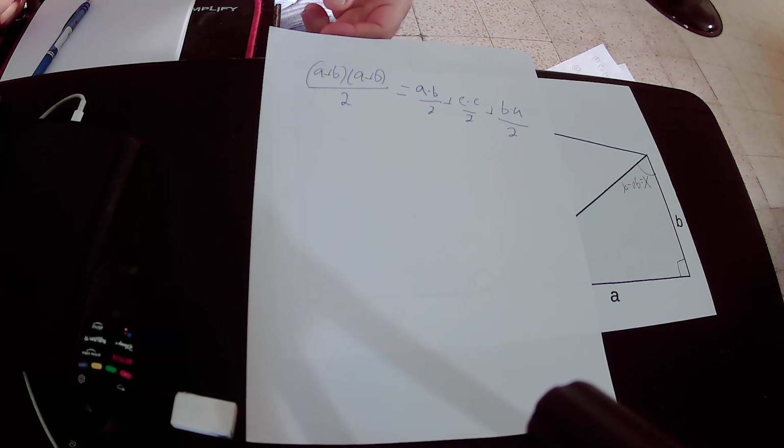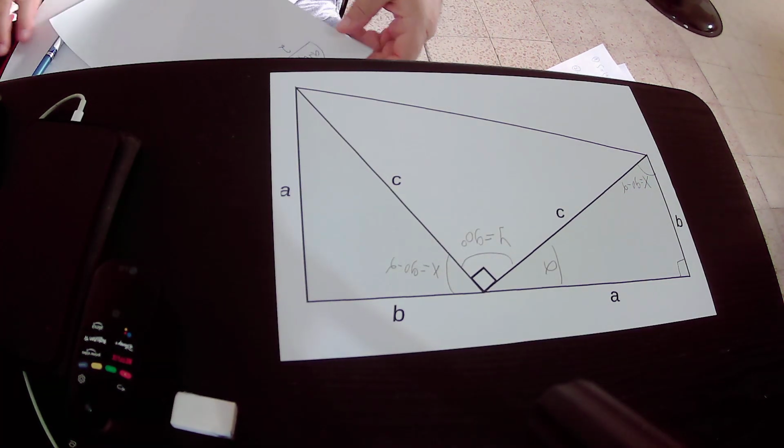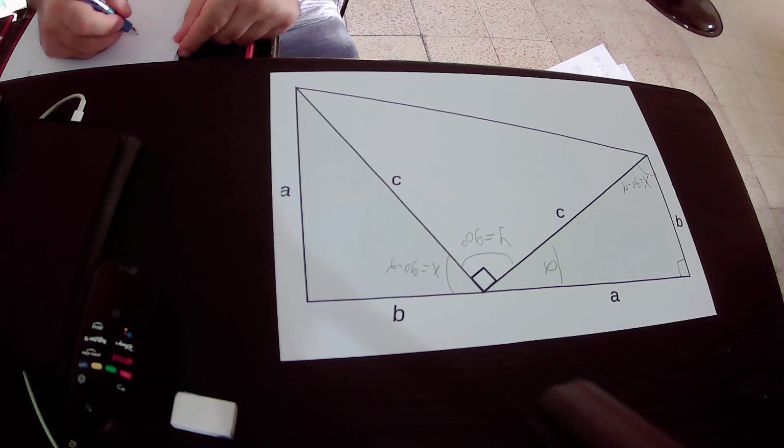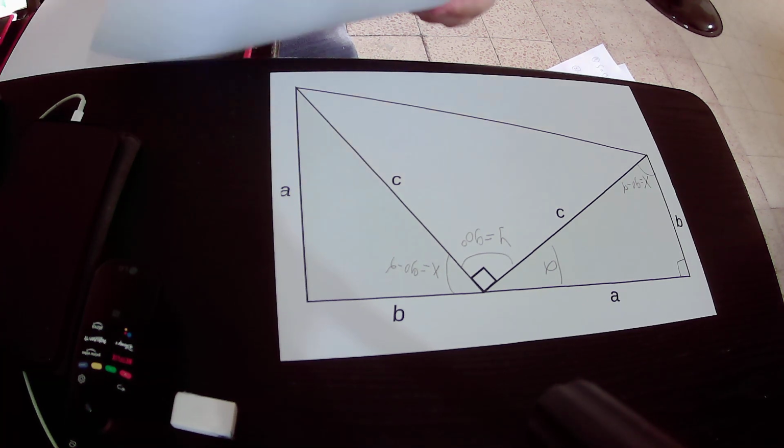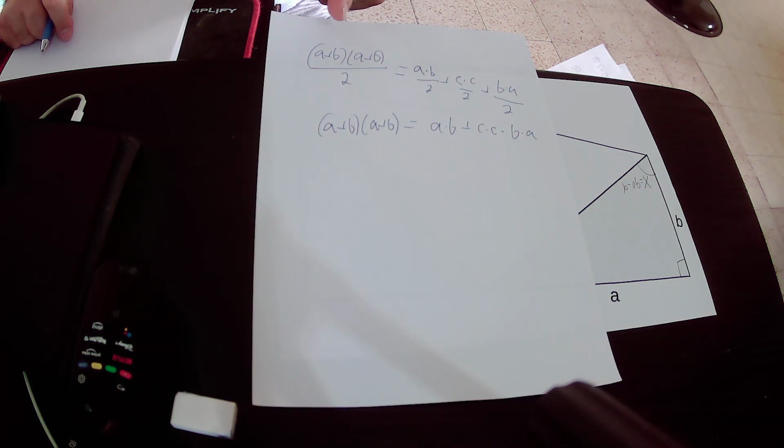Now we will multiply the two sides of the equation by 2. We will get that A plus B times A plus B equals AB plus C times C plus BA.